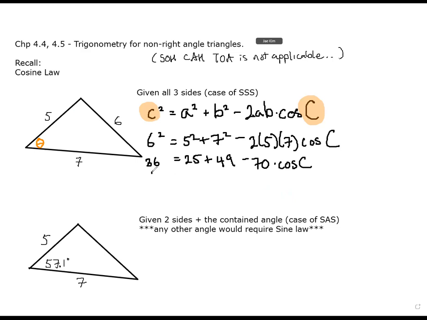So 36 minus 25 minus 49. This gives me 11, -37. I don't have enough space. -37 is equal to negative 70 cosine big C. I'm not wrong, right?